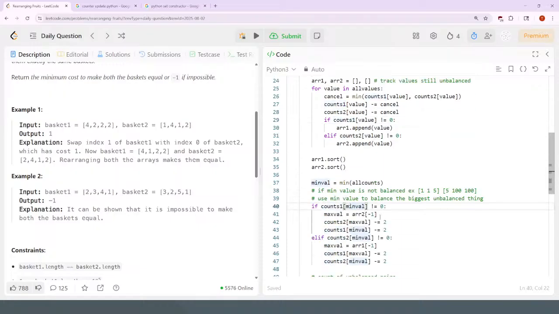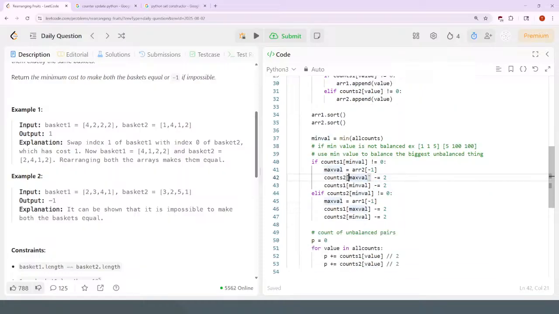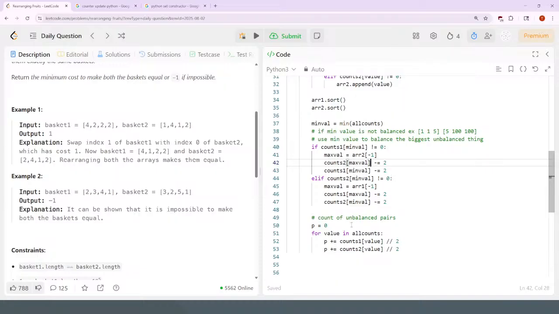If counts 1 of this min value, I don't know what the max value is. I guess I didn't really, do I even care? Because it's always going to get swapped anyways. I don't know if this is strictly necessary. Okay, anyways, let's say all values here.